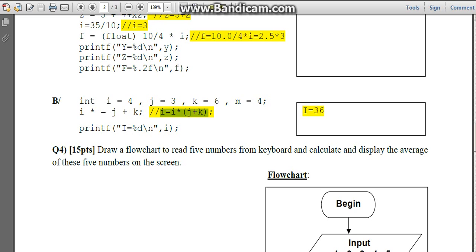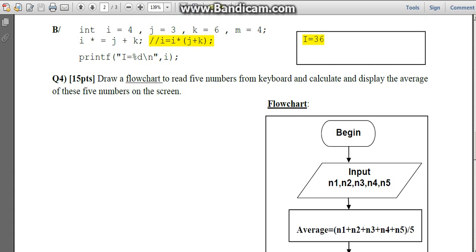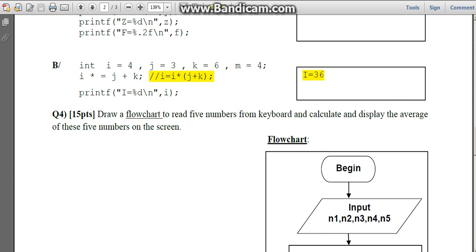So we just substitute numbers here and we get 36, the final. Right.